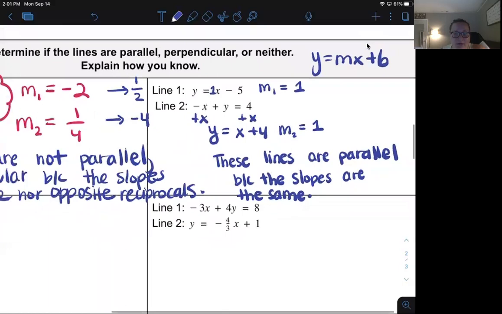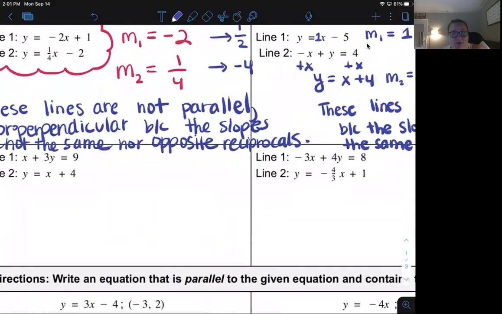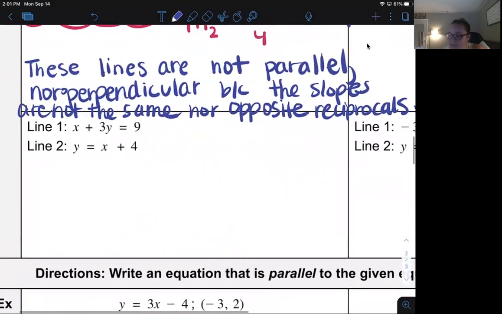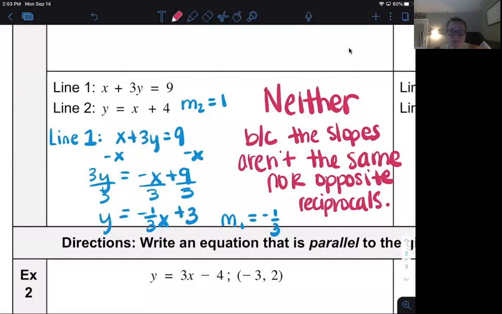All right, go ahead and do the next two examples on your own, and then check your answer with mine after you do yours. So line 1 is x plus 3y equals 9, and line 2 is y equals x plus 4. So as you can see with my work, line 1 needed to be rearranged so that it could be in slope-intercept form.